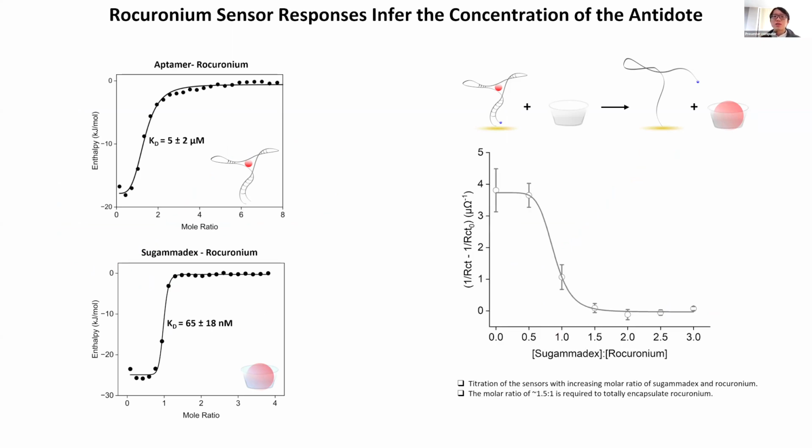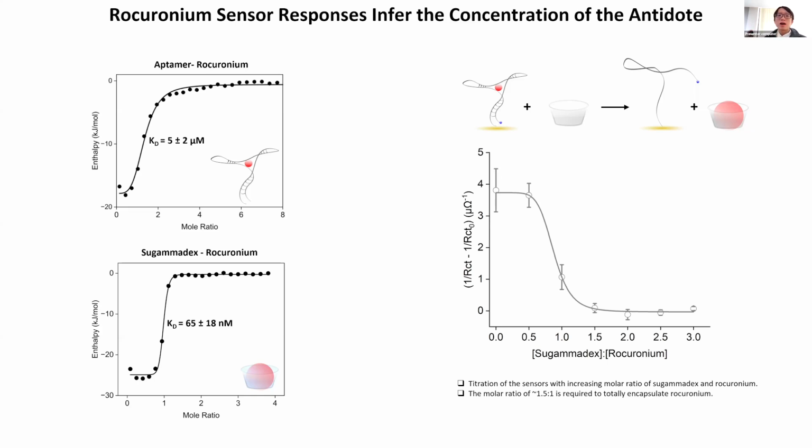That is true. We performed the titration of the complex between aptamer and target with increasing antidote concentrations, and we observe that a ratio of around 1.5 antidote to target is enough to totally encapsulate the target from the binding site.